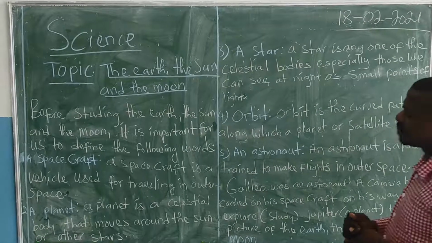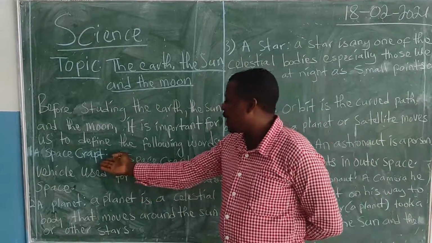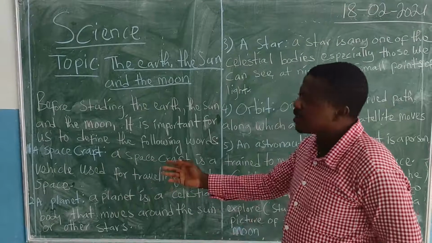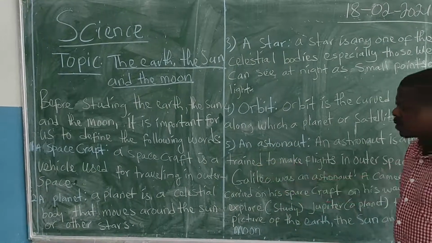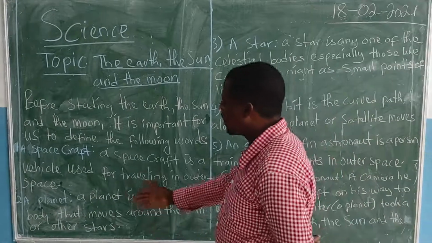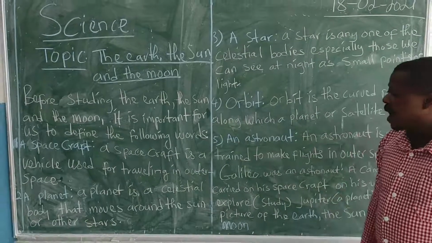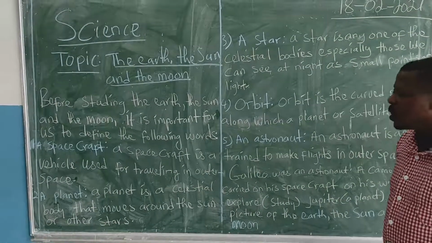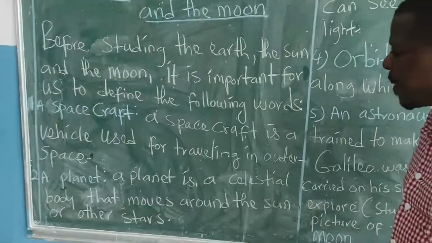Words such as spacecraft. What is a spacecraft? A spacecraft is simply a vehicle that is used for traveling in outer space. That is the first word we should keep in mind.